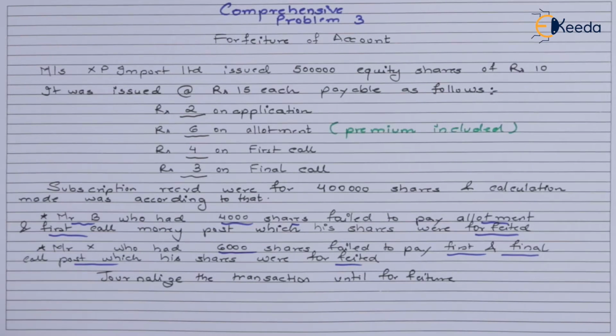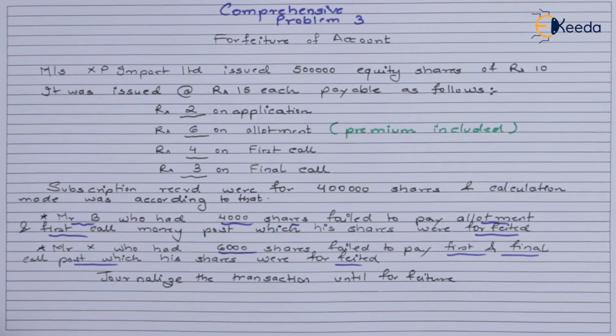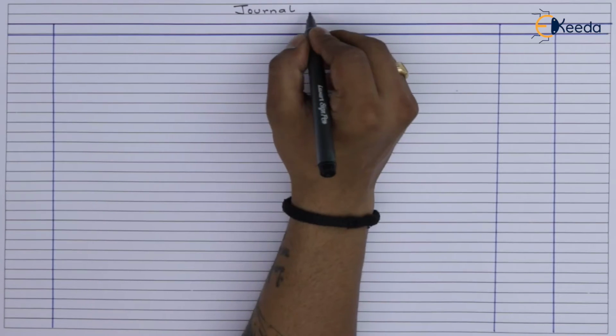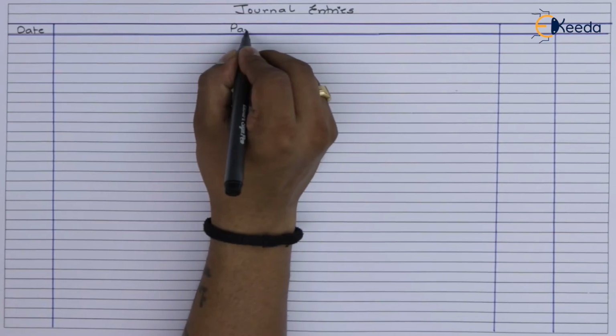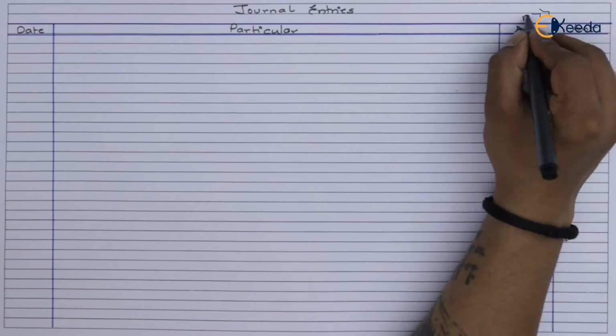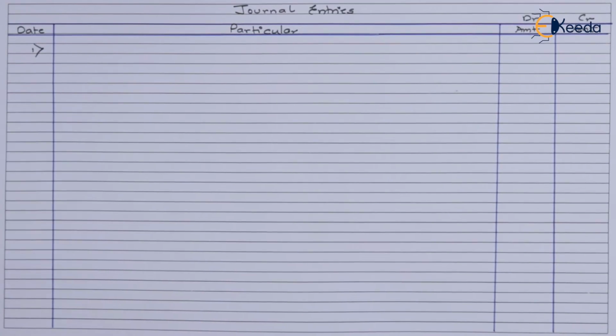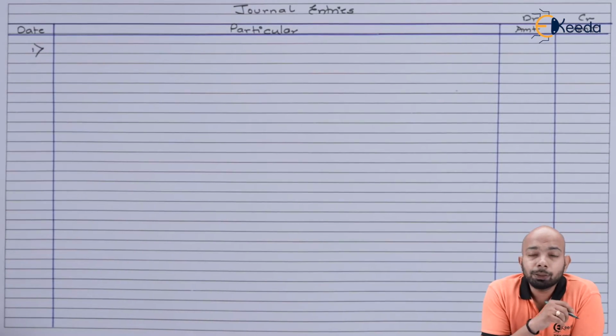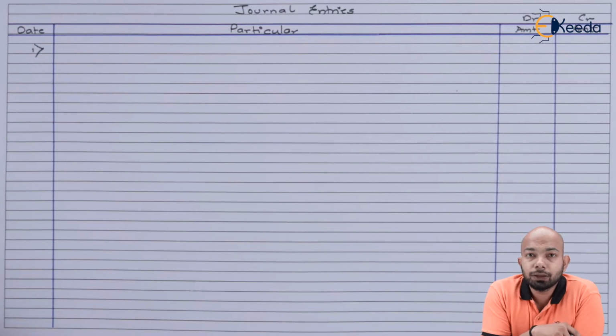Now, we'll be journalizing the transactions in chronological order. So, let's start with the journal entry first of all. The first entry that we'll be passing is the receipt of application money.